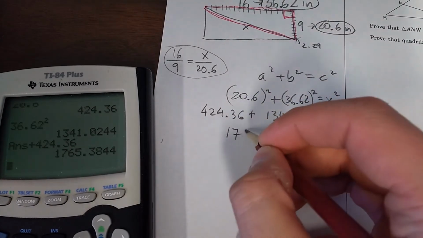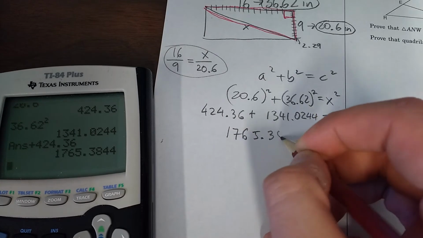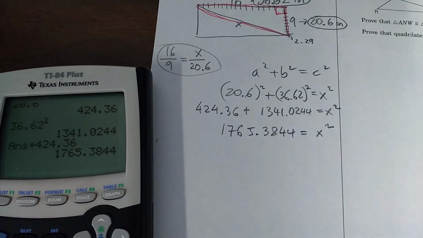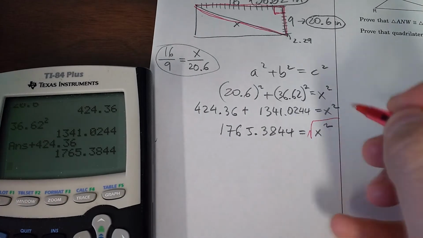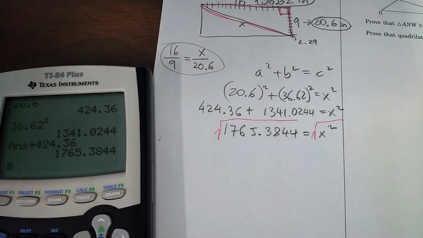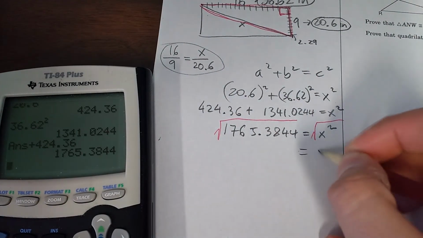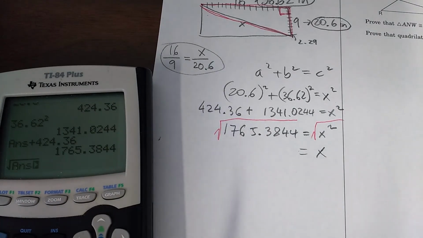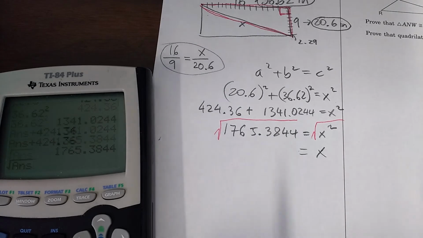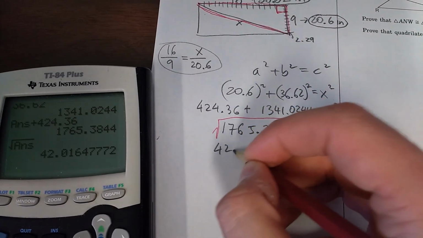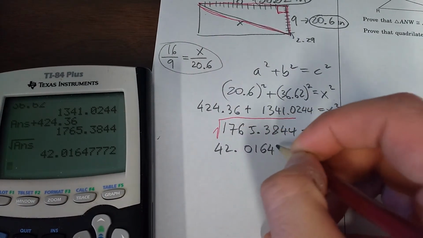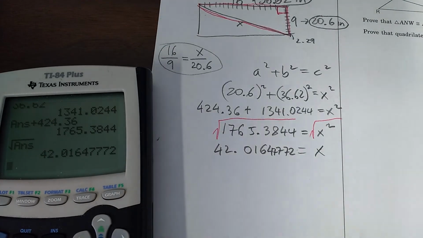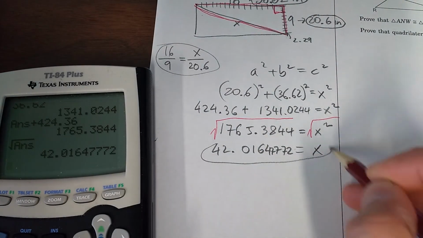Okay, so it's 1765. Okay, and then to get x by itself, we just need to square root. So we square root that number, and we get that x is 42.016. Okay, so we copy the whole number, and that is your x.